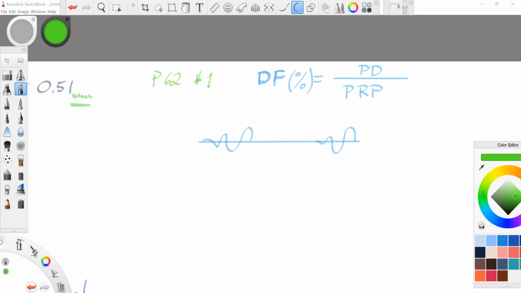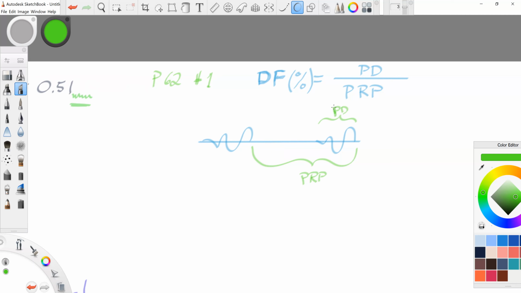This is one PRP. I have a habit of doing that. PRP, and this is one PD, the time it takes for one pulse.